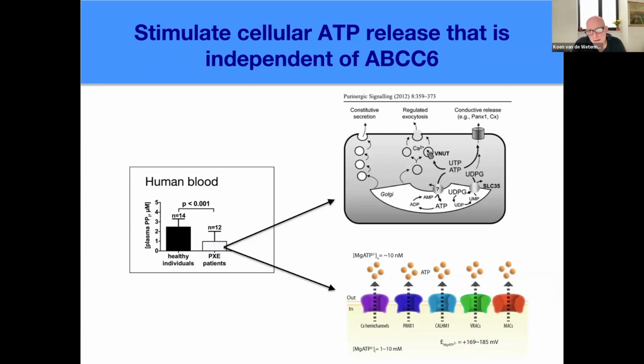So that's one way that cells can use to get ATP into the extracellular environment. And next to this regulated process of exocytosis, there are also other transporters that are known to be involved in getting ATP into the extracellular environment. And here are the names of a few of them.